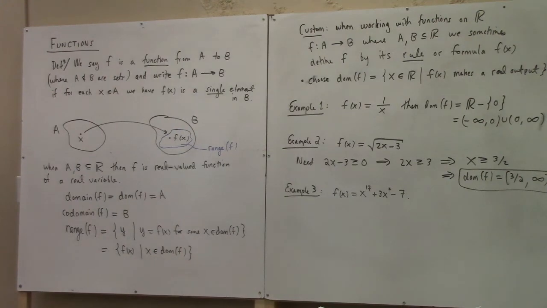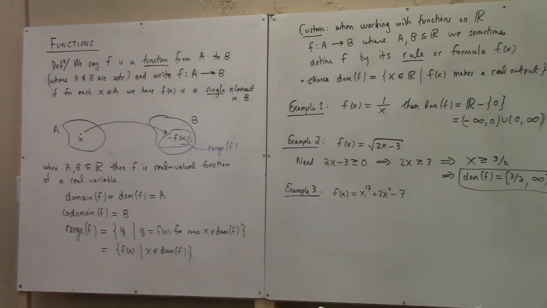So to answer that question, we have to ask, what x does this formula make sense for, right? When can you take a real number, take it to the 17th power, multiply the square of it by 3 and subtract 7? I think you can think about it for a minute, but you should come to the conclusion, positive, negative, all numbers work, right?